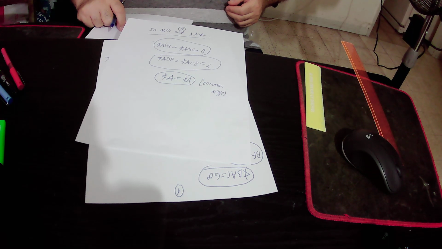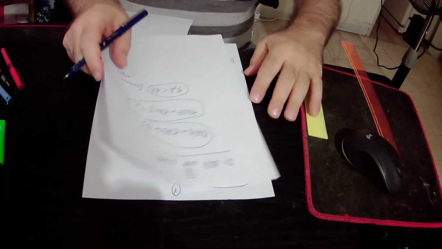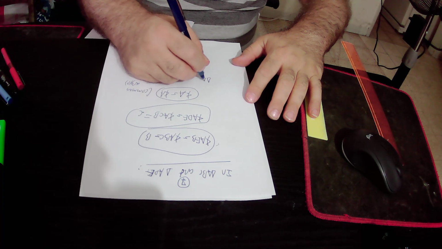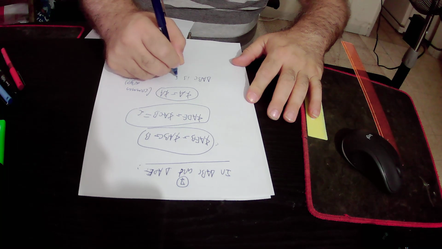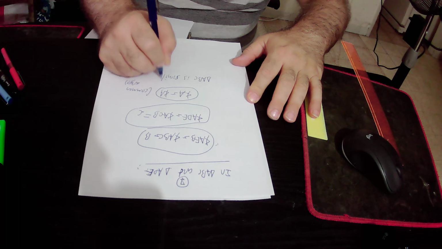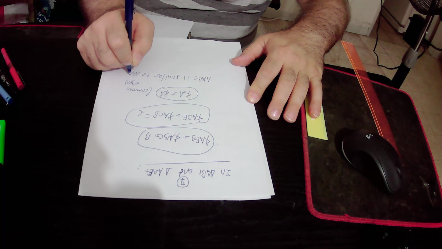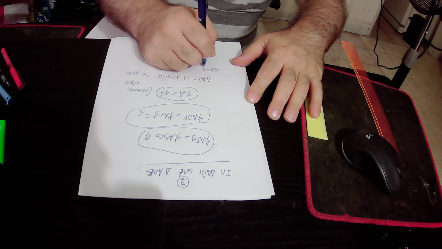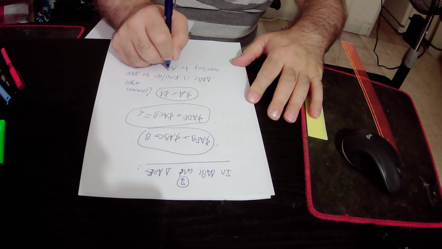Therefore, those two triangles are similar to each other, or triangle ABC is similar to triangle ADE according to the angle similarity rule.